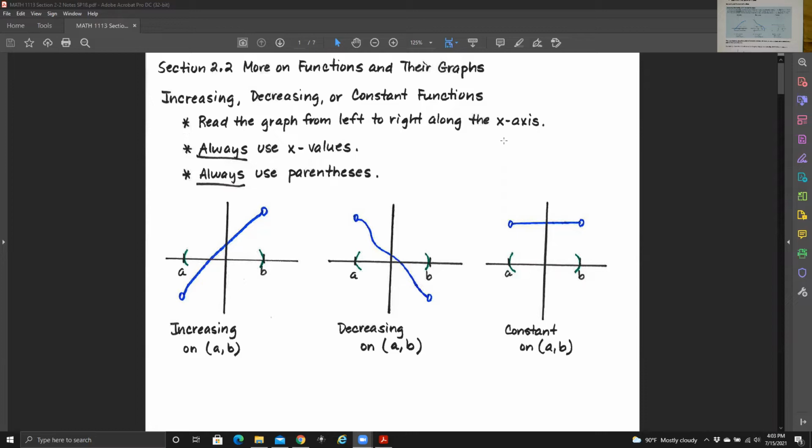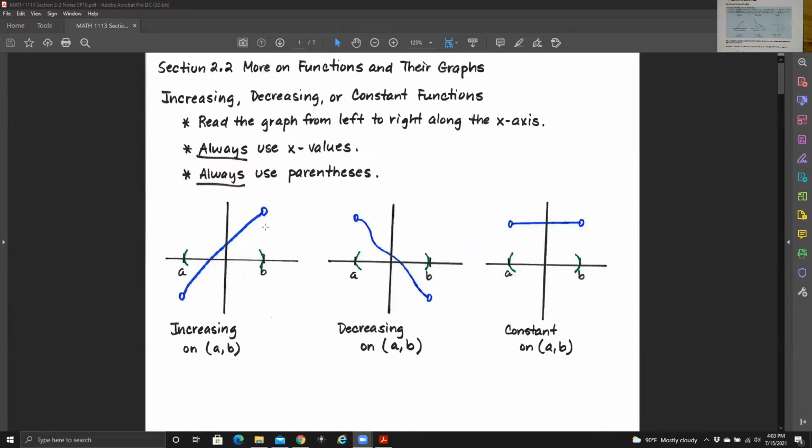Then second, you're going to always use x values. Not going to worry about the y. You always use your x values, which are on the horizontal axis, and then always use parentheses. Okay, we're not looking at the endpoints. We always use the parentheses.